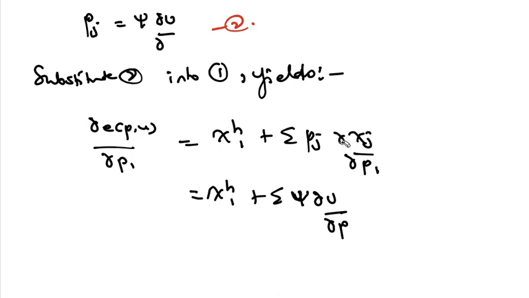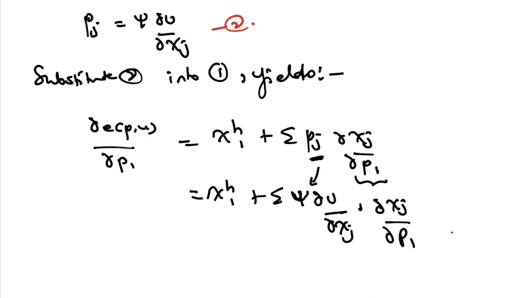Alright, so delta Xj, that's the correct one. So substitute this into this, delta Xj, and then rewrite again, delta Xj over delta P1. Okay, I hope you get it up to this point.